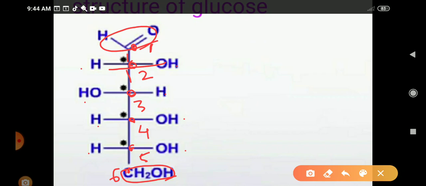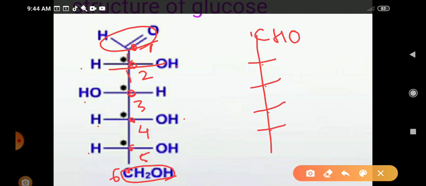Once again, you need to keep 6 carbons: 1, 2, 3, 4, 5, 6. Instead of writing the carbon numbers, if you want you can just keep a line here. The first one is aldehyde. This is the first carbon, second, third, fourth, fifth, sixth carbon. On the sixth carbon we keep CH2OH. Now, as I told you, you need to count from the top: 1, 2, 3. This is the third carbon.